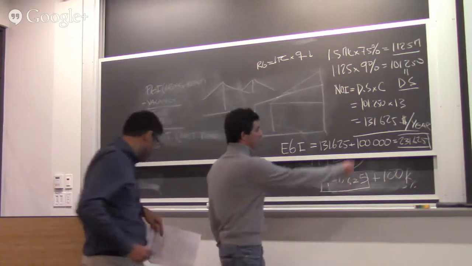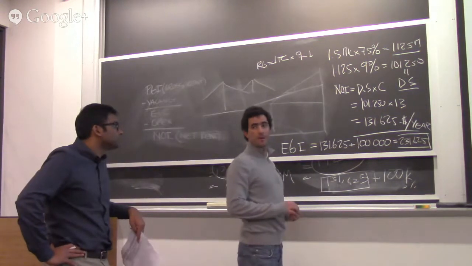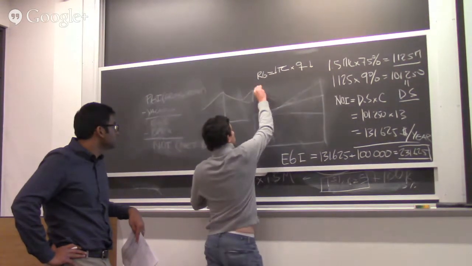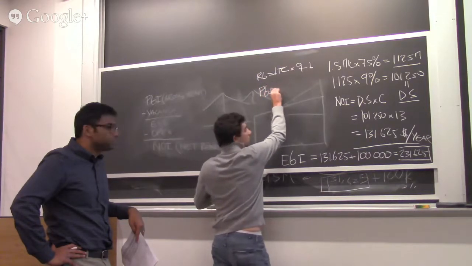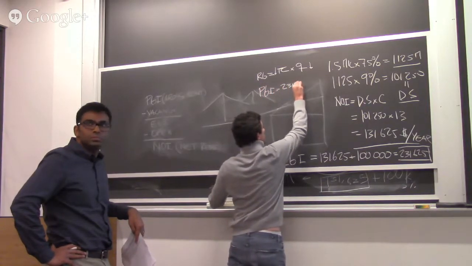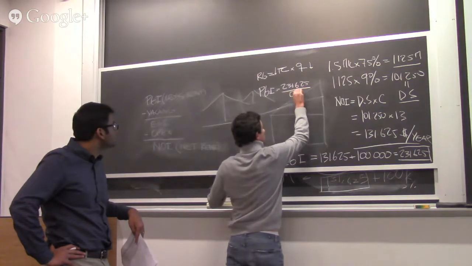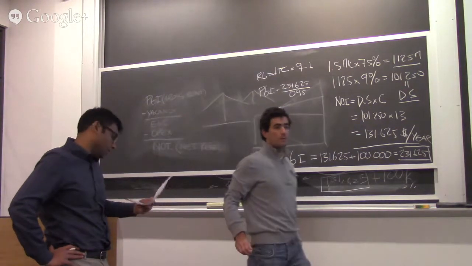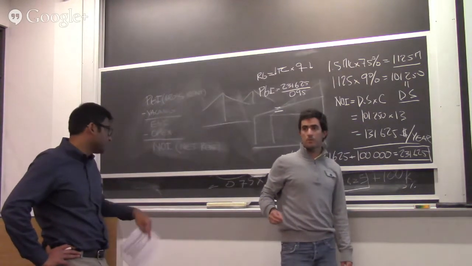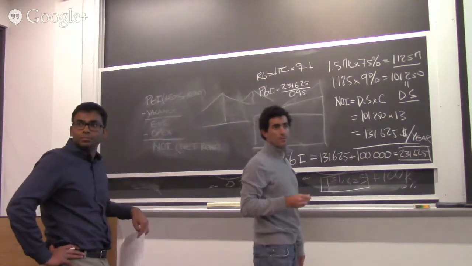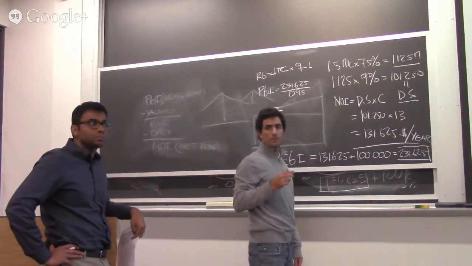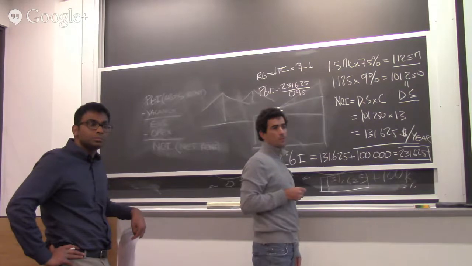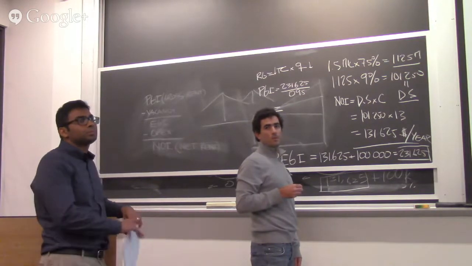How should we do that? We have 231,625. Why are you dividing by 0.95 and not multiplying by 0.95?